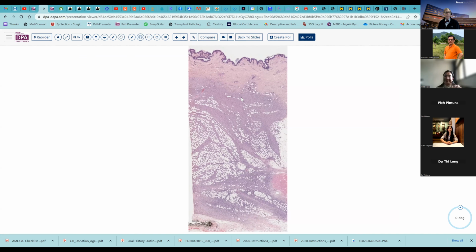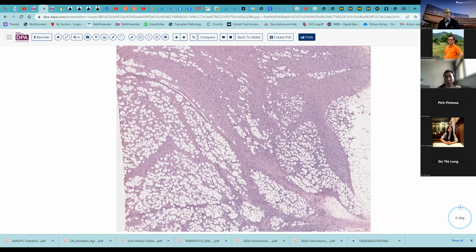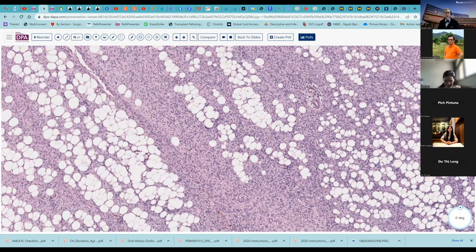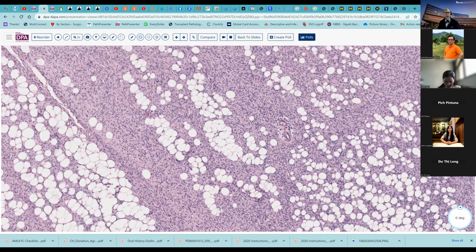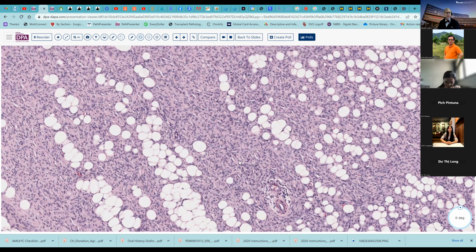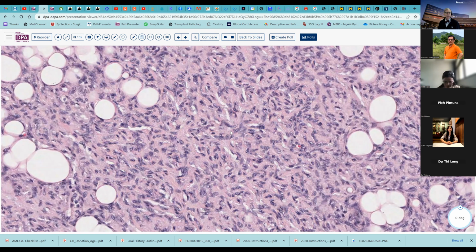So classically, when we think about this lesion, it's in the deep dermis, and it grows out into the fat and sort of honeycombs around fat cells and engulfs them, leading them to sort of atrophy or shrink away as you see happening here. And the cells, again, are kind of low-grade, monotonous appearing.